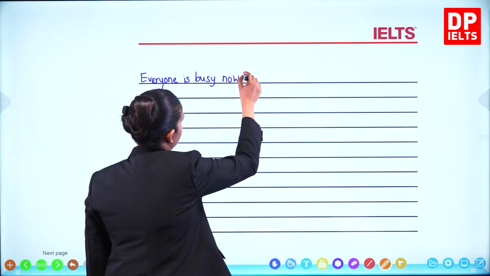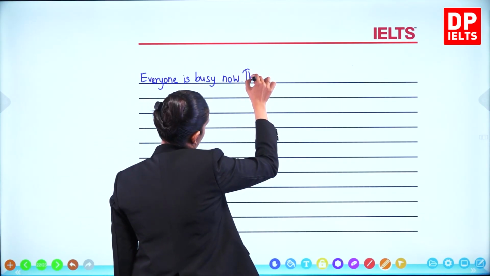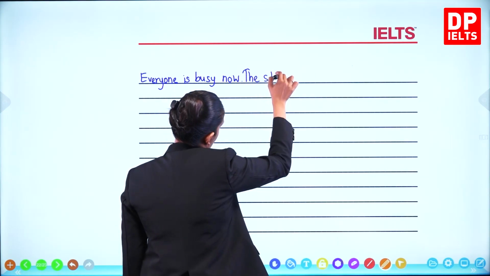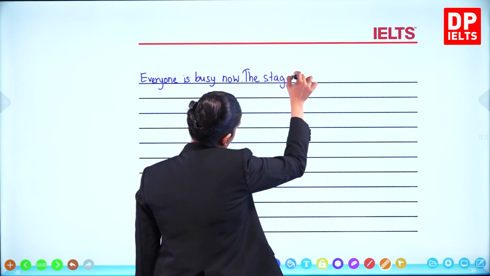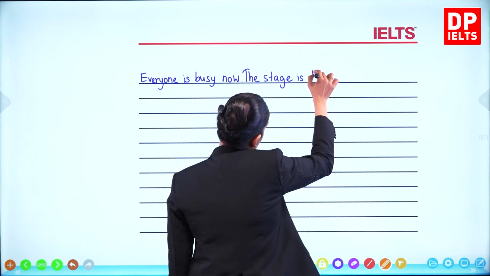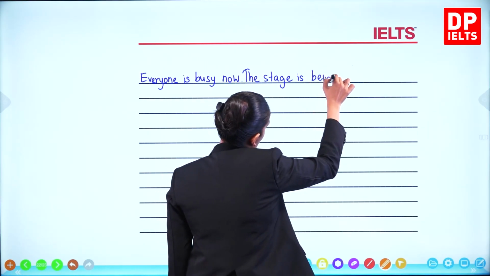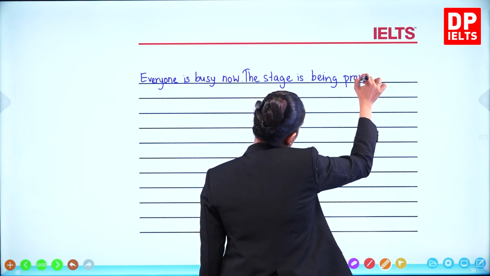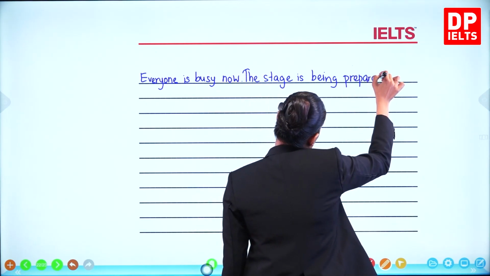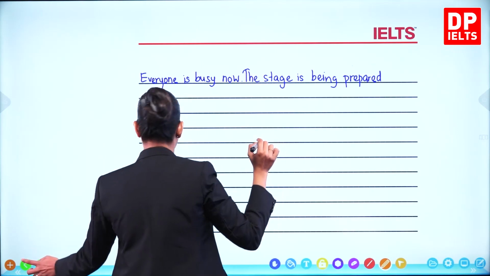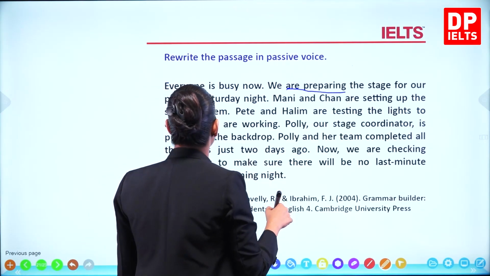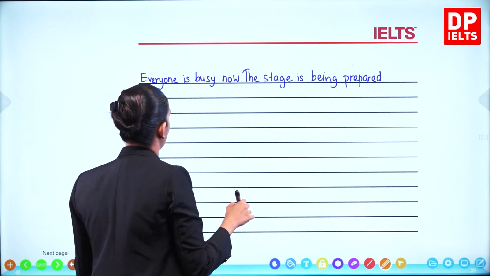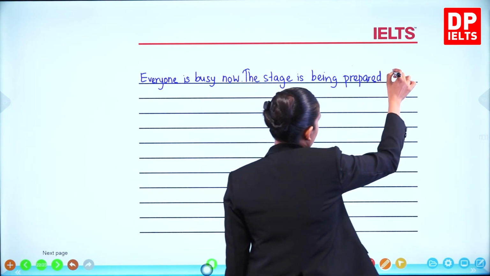So the stage is being prepared. Okay. The stage is being prepared for the play on Saturday night.